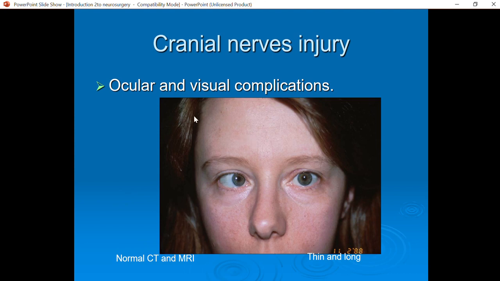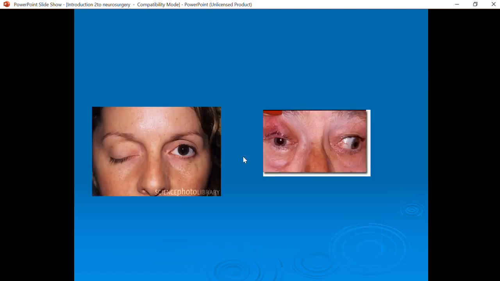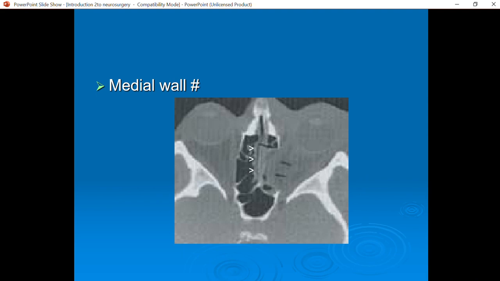Just for diagnosis, this is a third nerve. This is abducens nerve palsy. The lateral rectus is not functioning, and this is ptosis and dilated pupil. That's oculomotor nerve palsy. This is not very important for you.